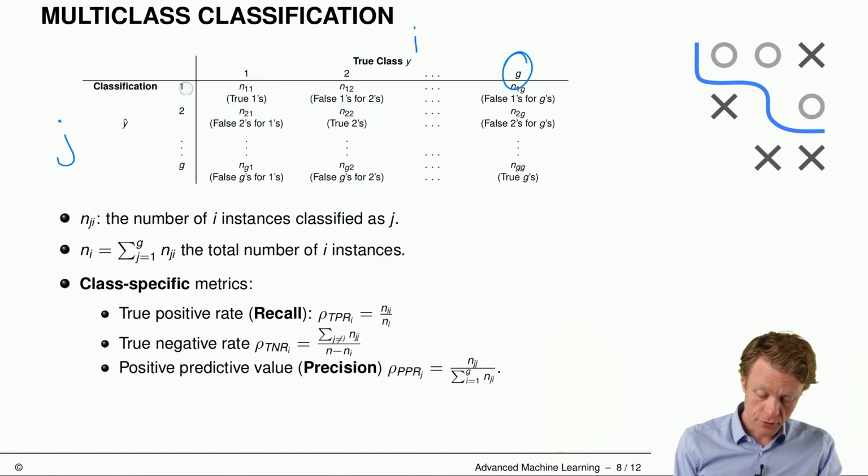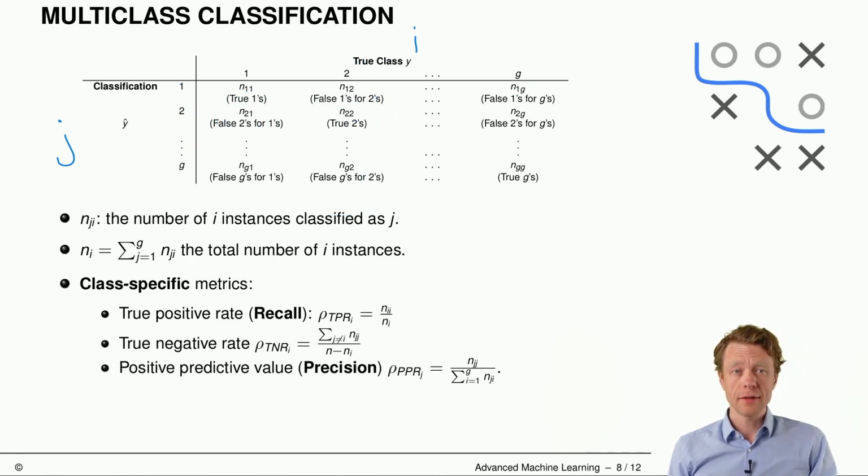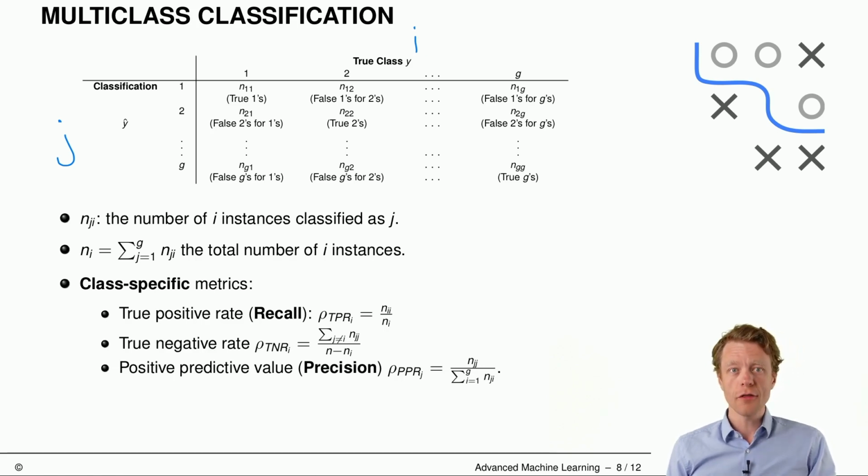We can also have a look at the true negative rate. True negative rate means we kind of binarize the problem. So now we have a positive and a negative class again. So the true negative rate for class 2, for example, is summing over all the diagonal elements, but not in that column.